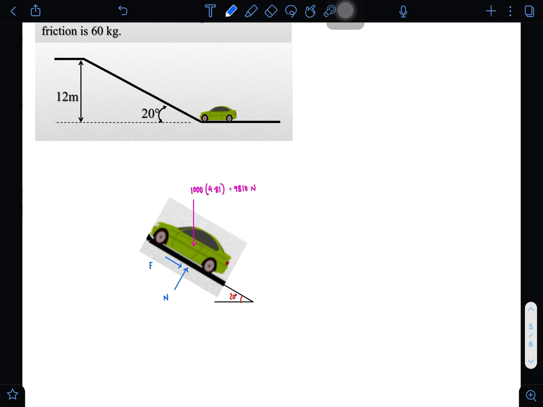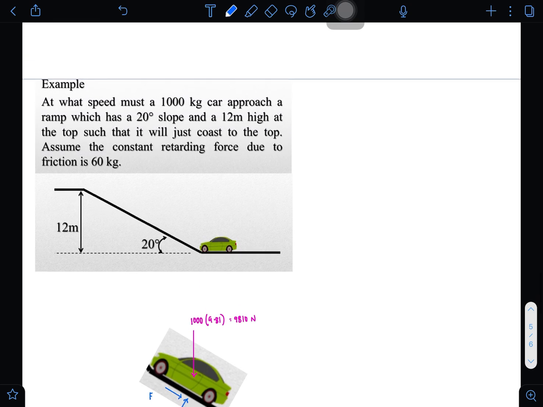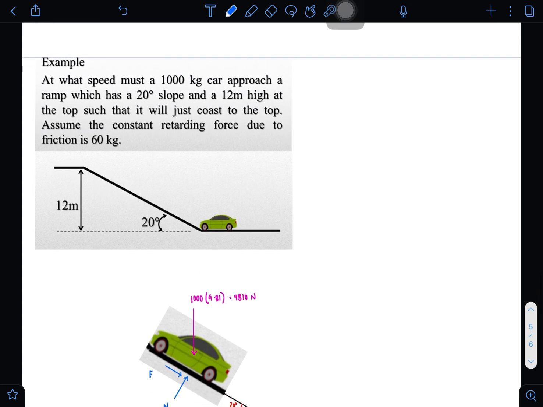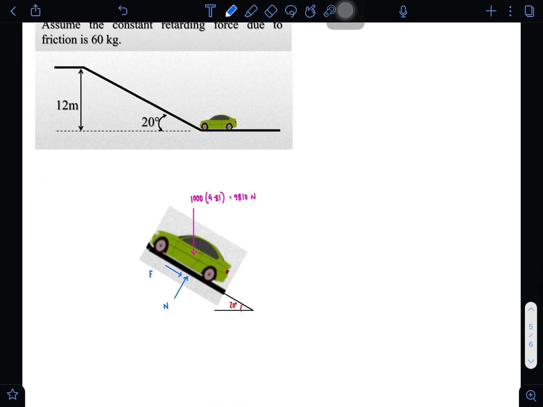And also, we don't have a coefficient of friction, right? So we'll go straight with the friction F, of course. And then acceleration.